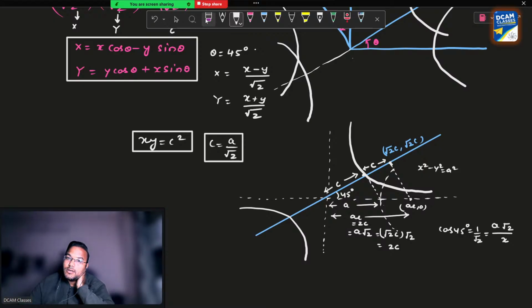Now, if you want, cos 45 is equal to this by this by 2c. Correct. Correct only.